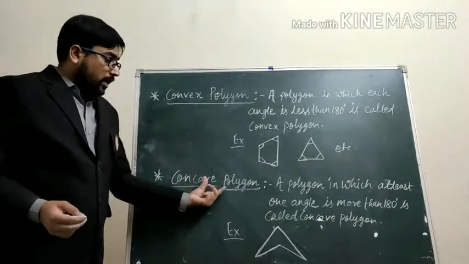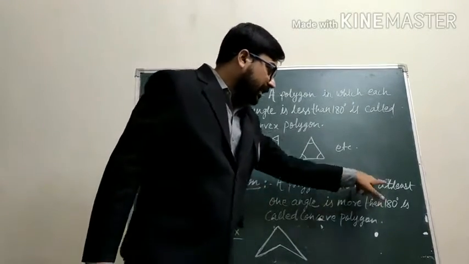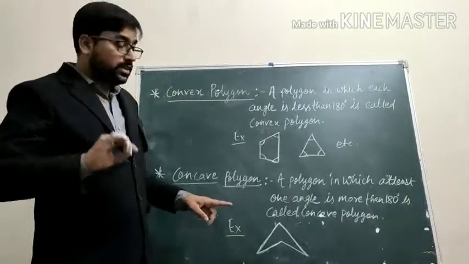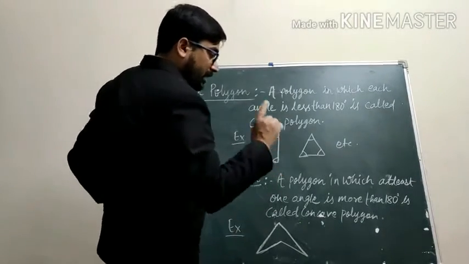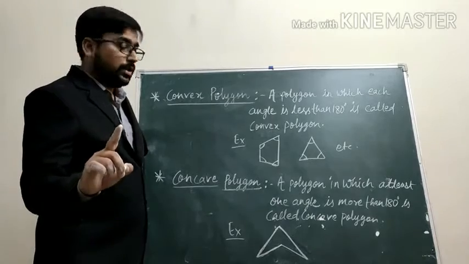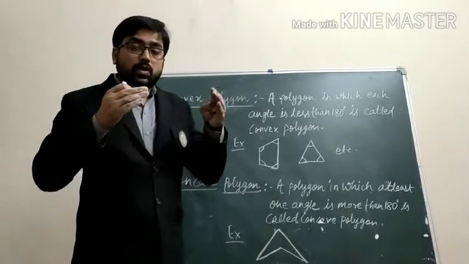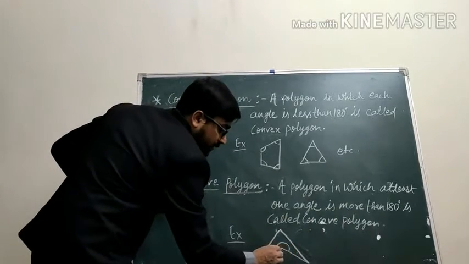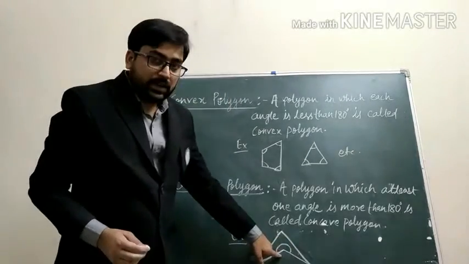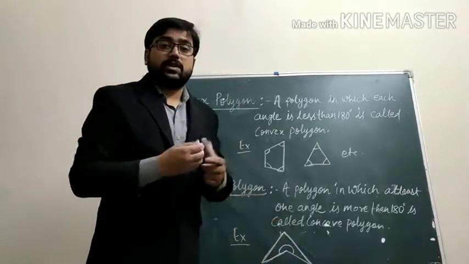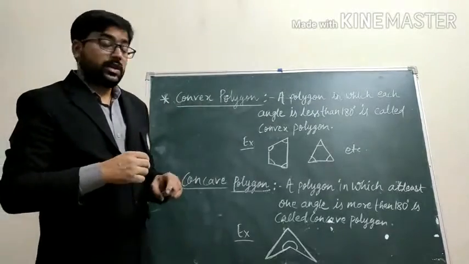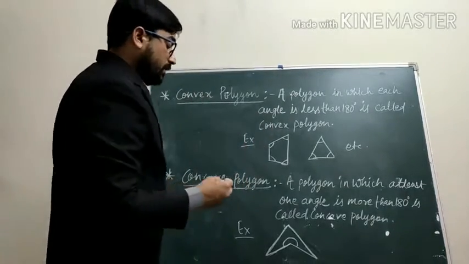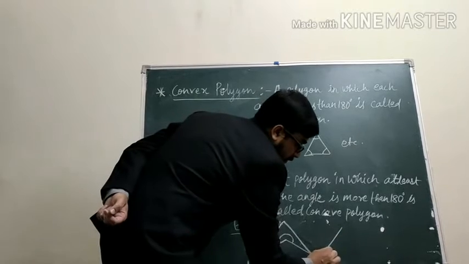Now, concave polygon, a polygon in which at least one angle is more than 180 degree. Interior angle, कम से कम एक एंगल 180 से ज्यादा होना चाहिए तभी कॉनकेव. केव मीन्स गुफा, गुफा की तरह बना हुआ, called concave polygon. In this figure this one angle is greater than 180 degree. बोलोगे सर ये तो आपने एक फिगर बना दिया, और एक फिगर बनाइए जिसका दो एंगल greater than 180 degree होना चाहिए, more than 180. Okay fine, और एक बना देते हैं.